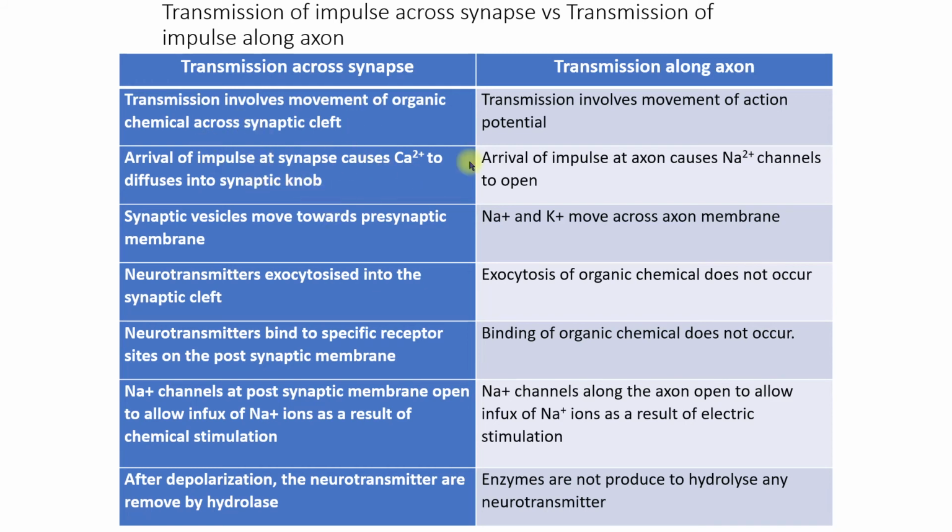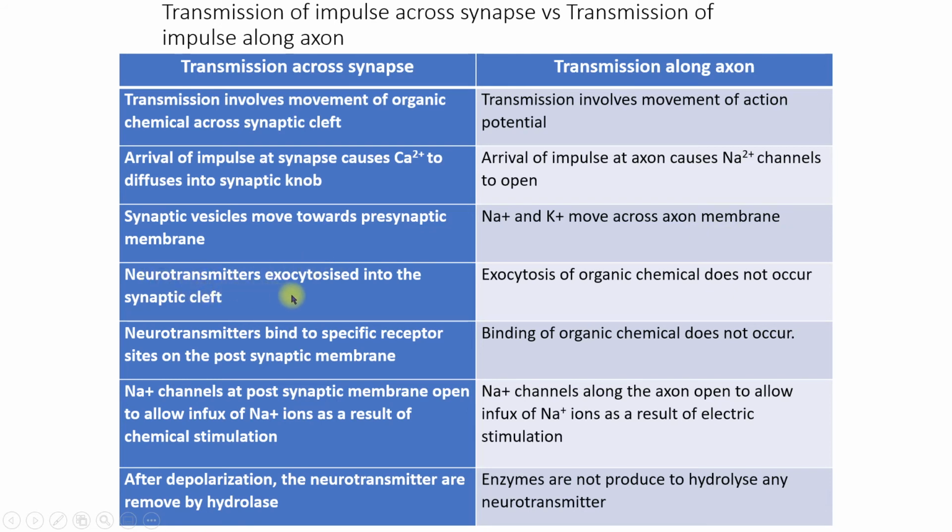Whereas arrival of impulse at the axon will cause sodium ion channels to open. Synaptic vesicles move towards the presynaptic membrane for transmission across the synapse, whereas in transmission along the axon, sodium ions and potassium ions move across the axon membrane.